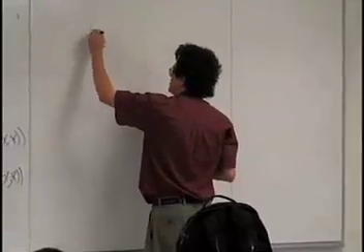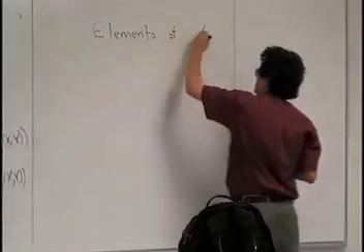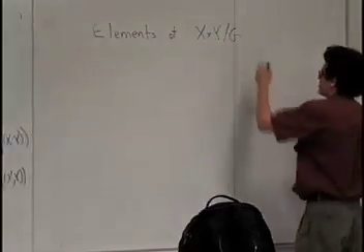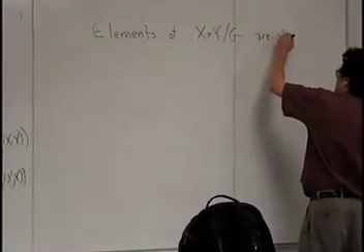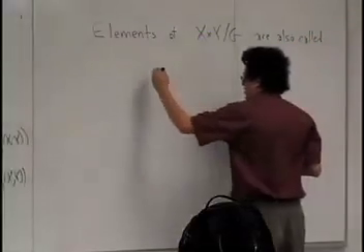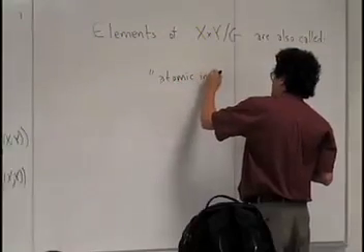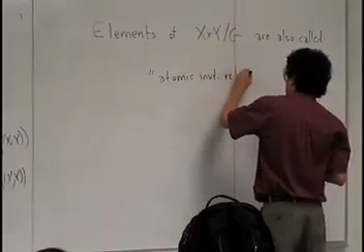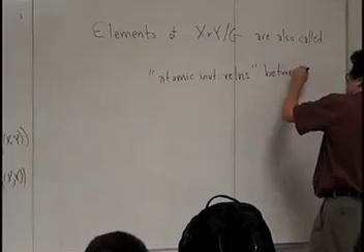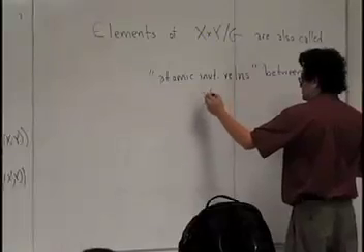So elements of X times Y mod G, the orbits, are also called atomic invariant relations between X and Y. Atomic means that you can't chop them up into smaller relations.